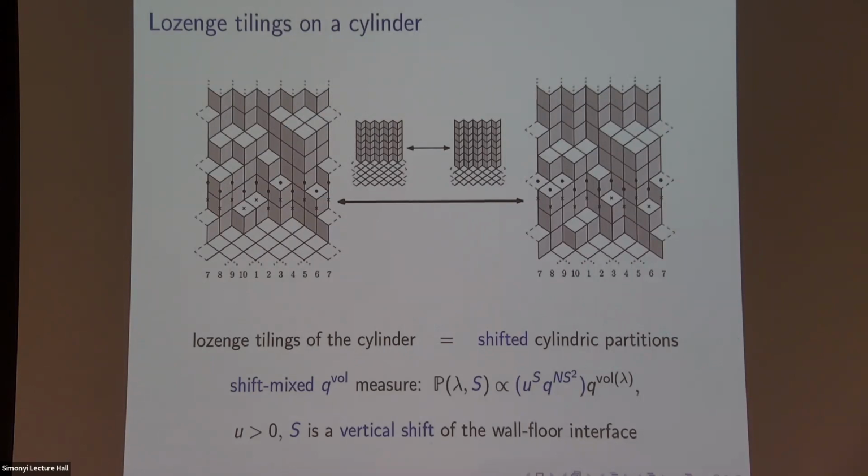So let us introduce another measure, a shift mix Q to the volume measure, which is defined on the set of all Lozenge Tilings or shifted cylindric partitions, and the probability of the independent pair of cylindric partition and vertical shift is given by the following. So again, we want to deal with cylindric partitions which are distributed with respect to Q to the volume, and vertical shift we wanted to be discrete Gaussian.